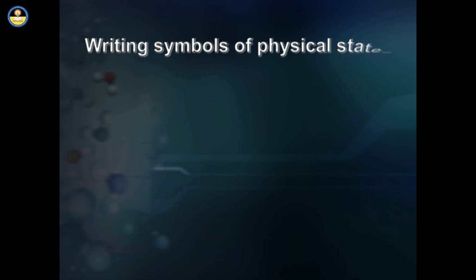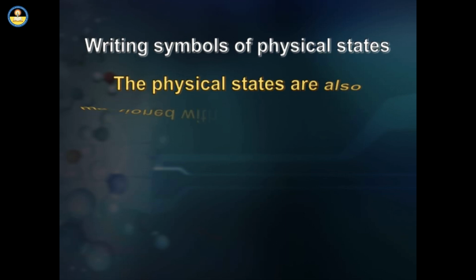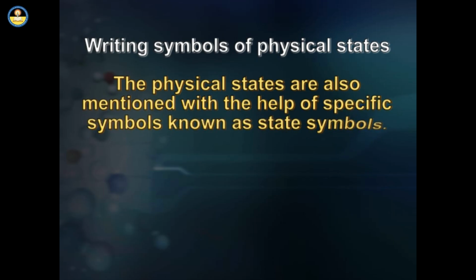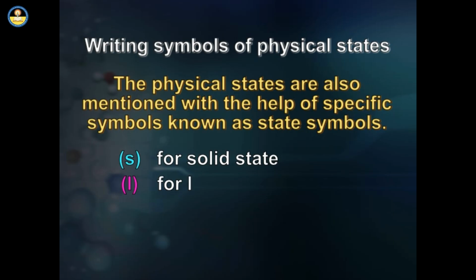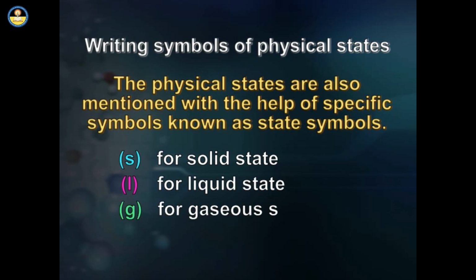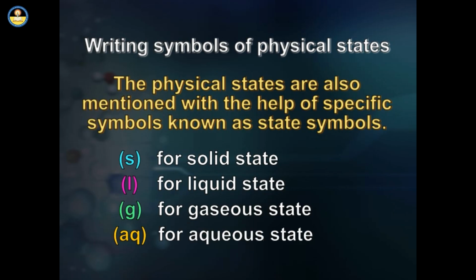Writing symbols of physical states. The physical states are also mentioned with the help of specific symbols known as state symbols. S for solid state, L for liquid state, G for gaseous state, AQ for aqueous state.